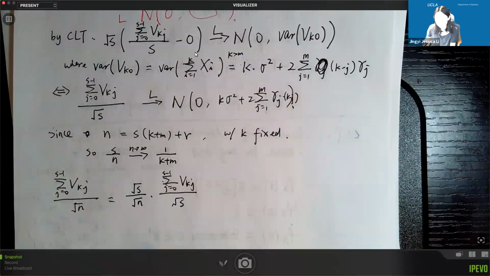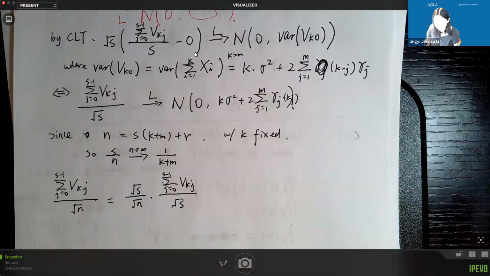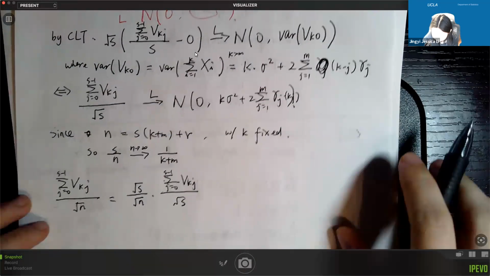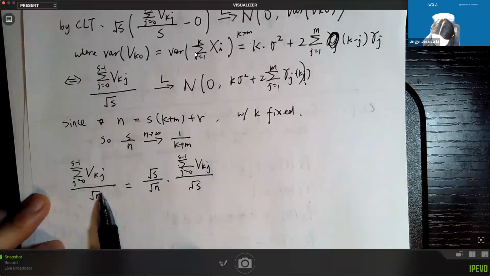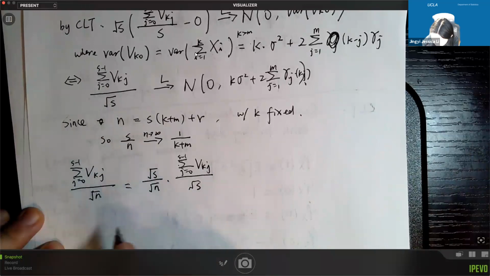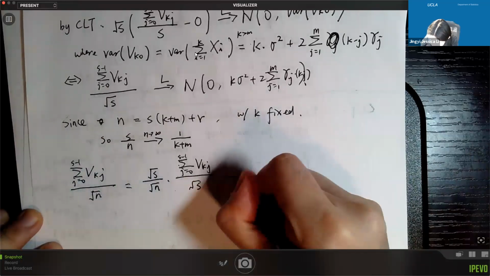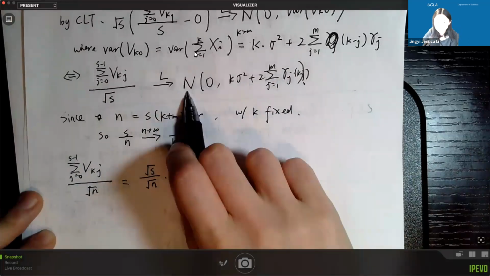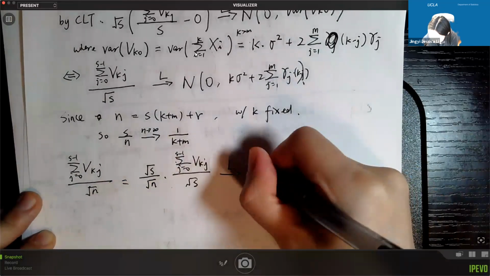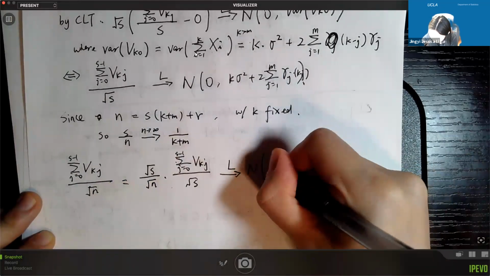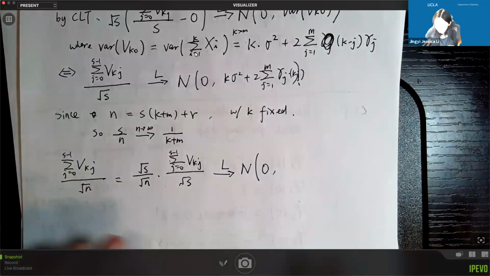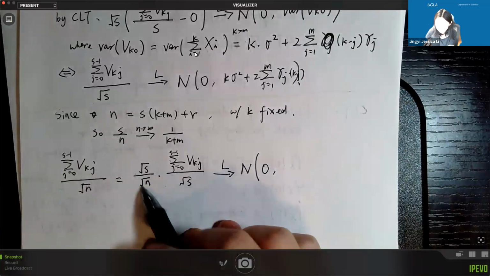So that's why I can actually have the asymptotic distribution. This one will converge in law to this one, but I need to scale the variance by the square of that.